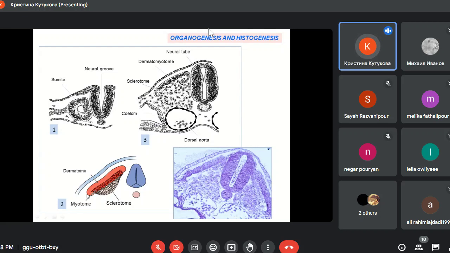So ectoderm will give rise to epithelium, and dermatome will give rise to dermis of skin. Next, myotome. Myo is for muscles. Myotome will give rise to skeletal muscles, all the muscle fibers, symplasts that you know already. And sclerotome will give rise to skeleton tissues, for bone and cartilage tissues.